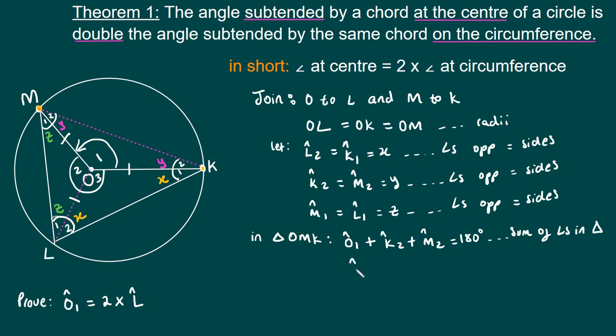So we say O1 plus K2, which is y, and then M2, which is also y, is equal to 180 degrees. Therefore angle O1 will be equal to 180 degrees minus 2y. Good. Now you have the expression for angle O1.